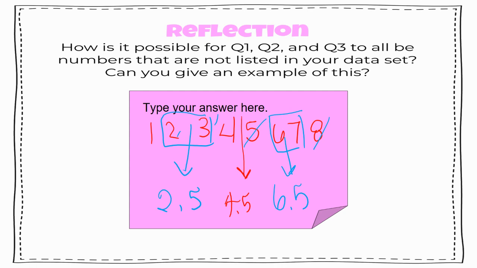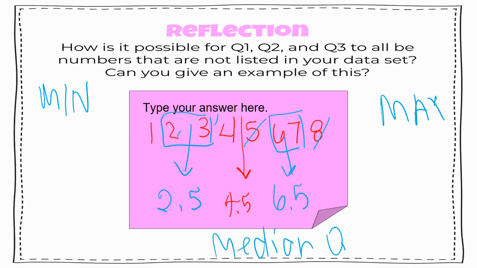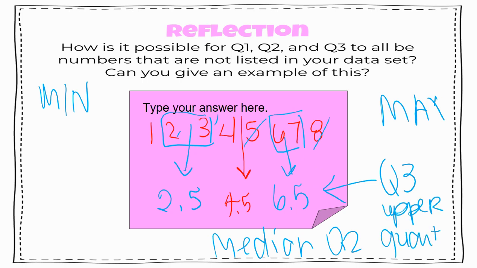So again, one more call out to our vocabulary. We have minimum, we have maximum, medians in the middle, which is also a Q2. Q3 is the median of the upper quartile, which is a new set of words, I believe, for you guys in Math 1. Upper quartile, I don't think they use that in middle school.